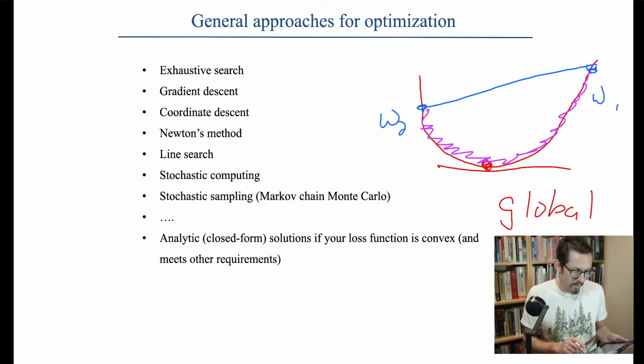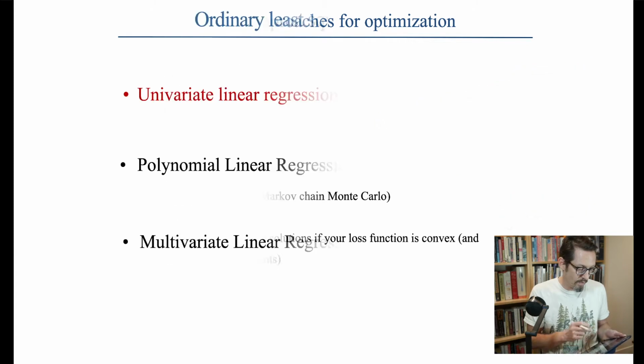All right, so any convex function has an analytic closed form solution, at least up to a certain point, because there's some matrix algebra problems that you've got to solve too, but at least theoretically.